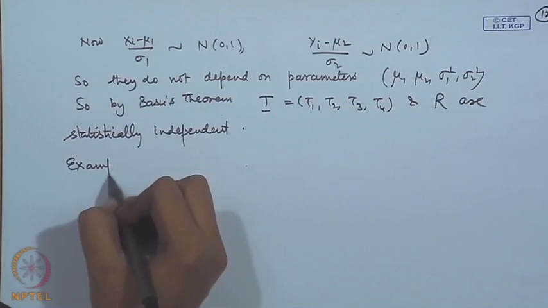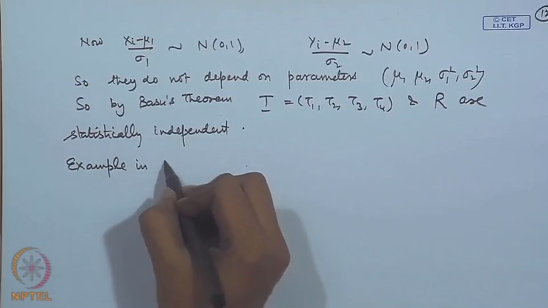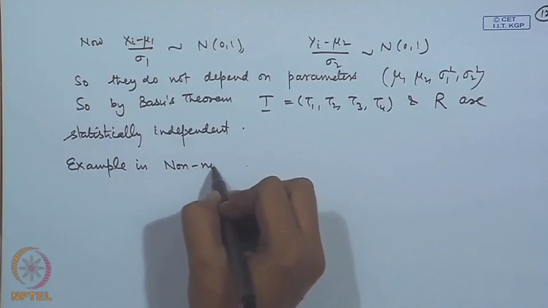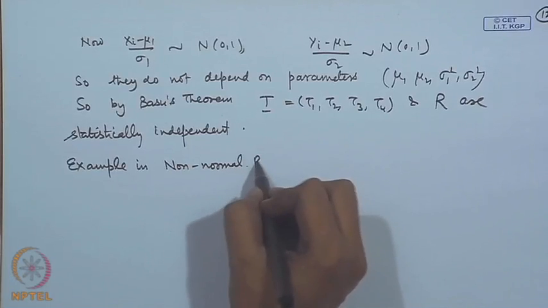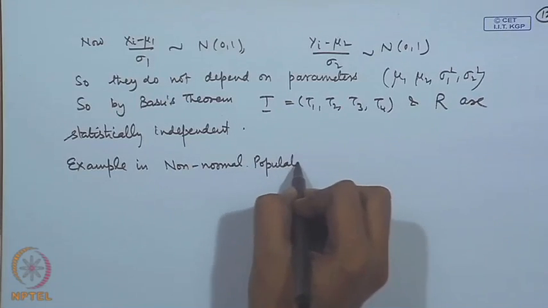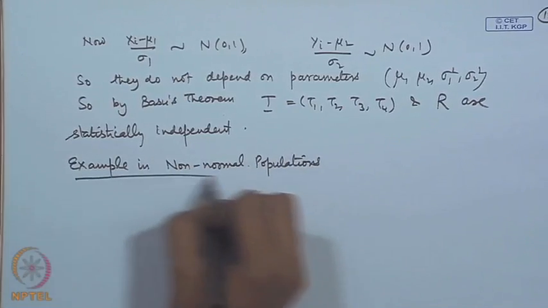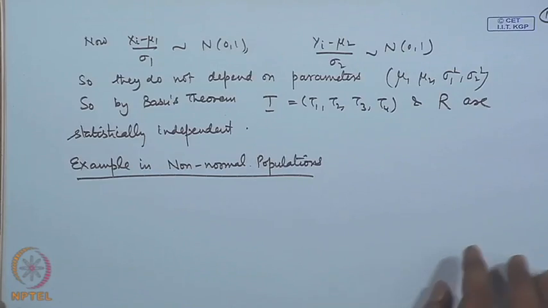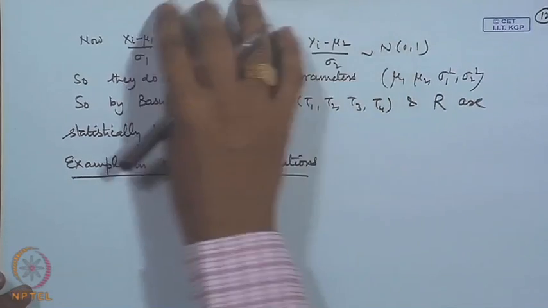Let me give an example which is different from these normal populations. Example in, say, non-normal populations.